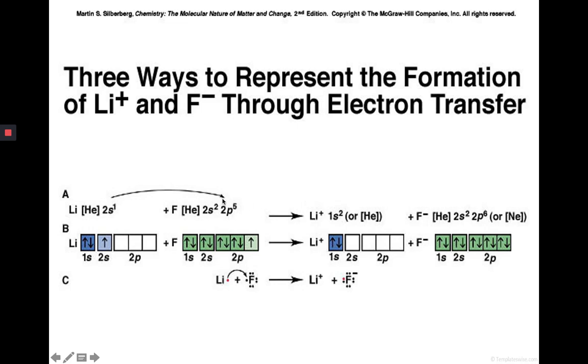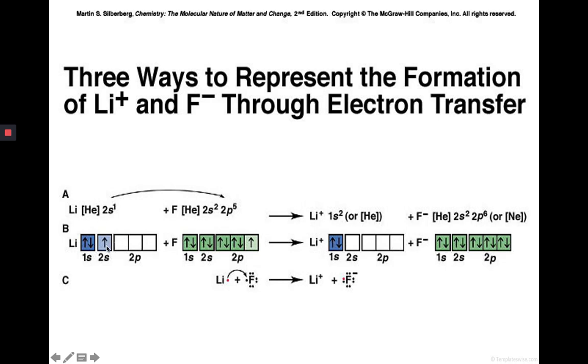And then for fluorine, so let's say for example lithium and fluorine, we know that fluorine has an electron configuration of 1s2, 2s2, 2p5. But what happens in the ionic bond formation is that the one electron from lithium transfers to fill out the orbitals of fluorine. So it can be seen here in the diagram.